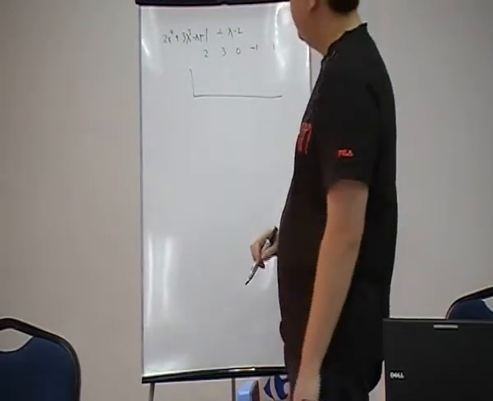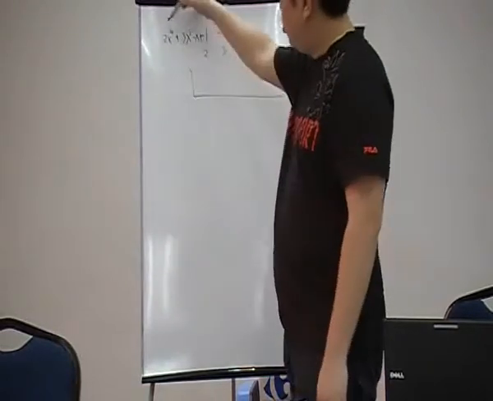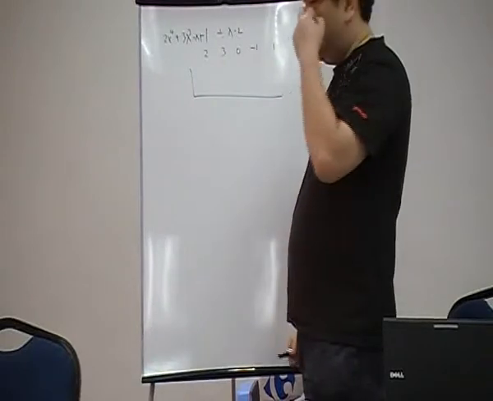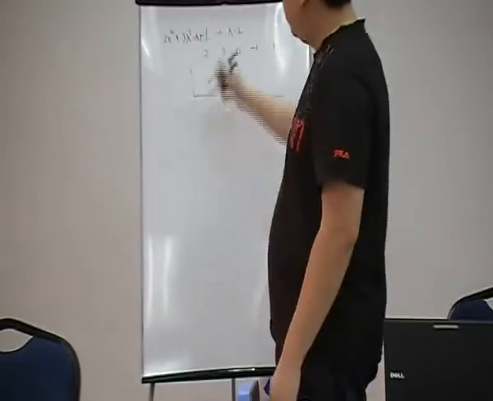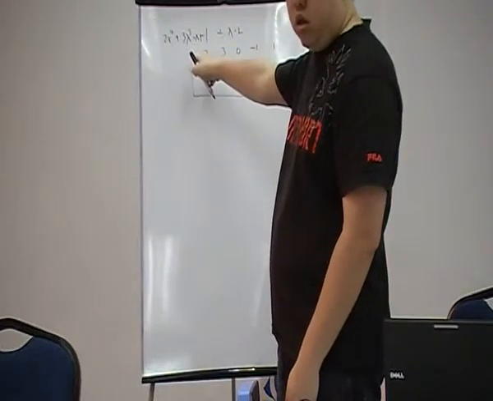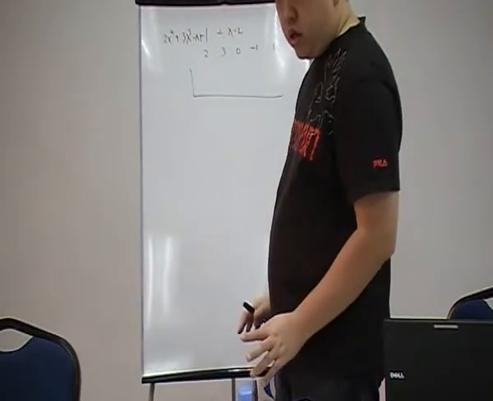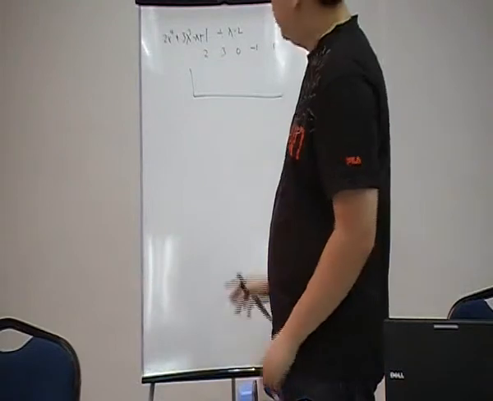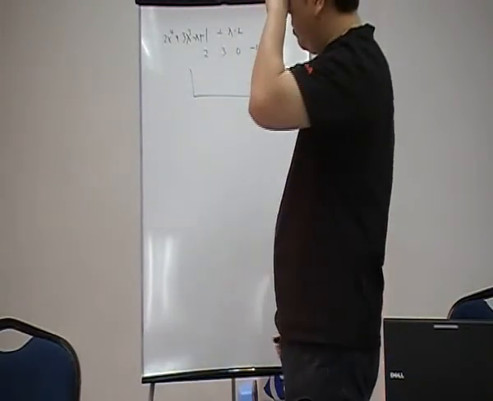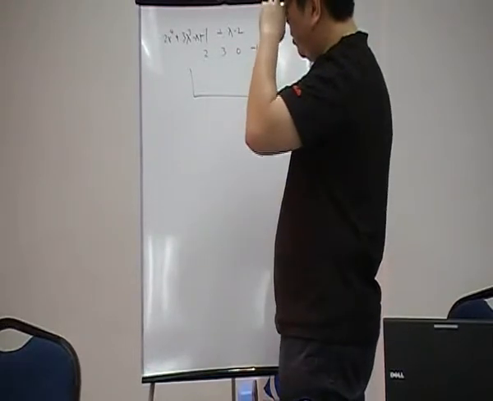The 0 is the x squared term. There's no x squared term there, so you put a 0 there.